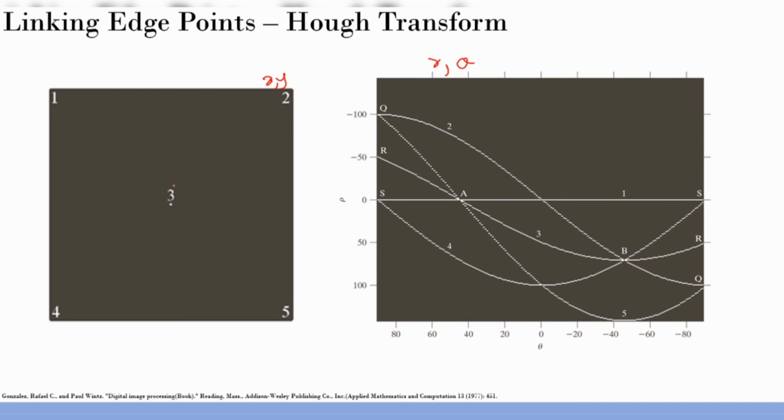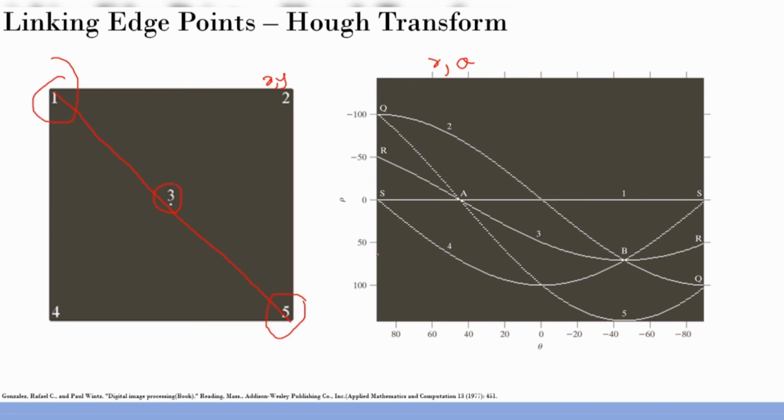Let's consider this point 3. How many straight lines are possible? Let's consider this line. It is crossing through 1, 3 and 5.